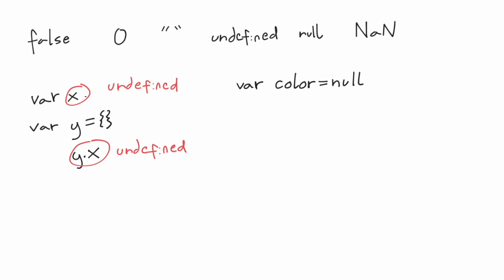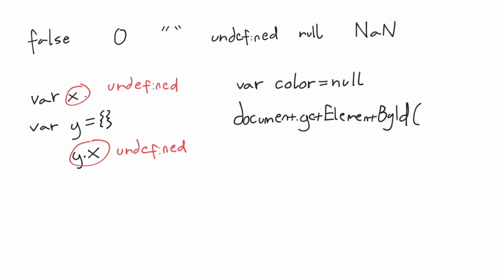And you'll come across a lot of places in JavaScript where null is used. For example, there's a function called document.getElementById, which searches through a page and it returns the element in the page with that ID.